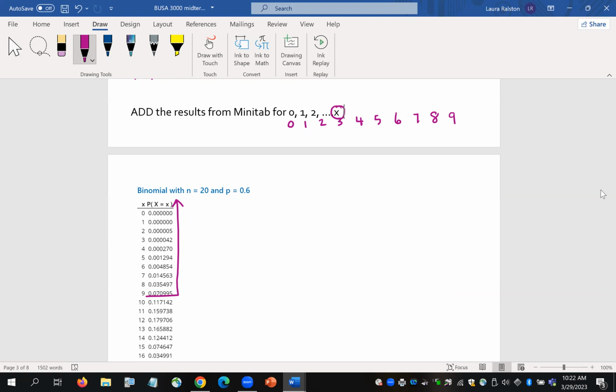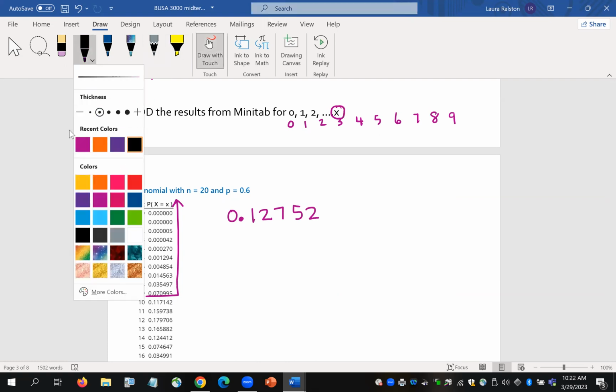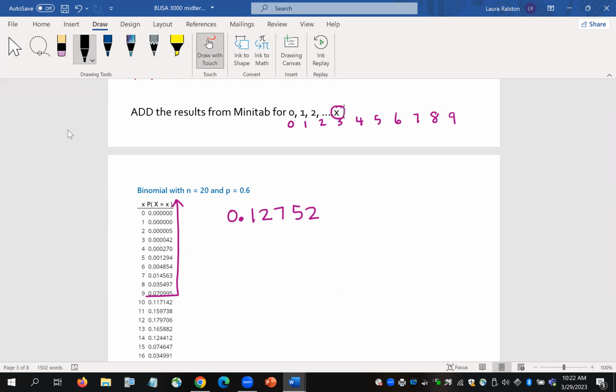Okay, so once I've added all those values together, I get 0.12752. Now again, it asks me to round that final answer to 3 places.